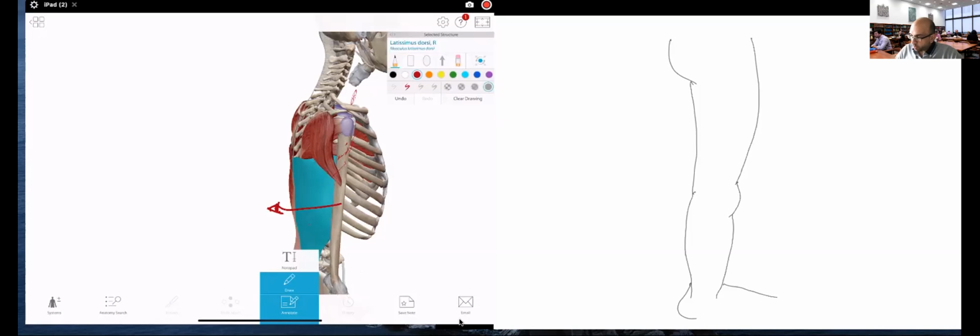Where is the angle of the hip joint? This is a groin, okay. This is a side view. Is the angle of the hip joint 1 or 2?